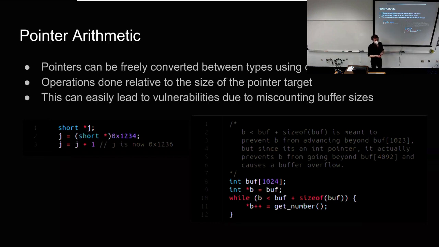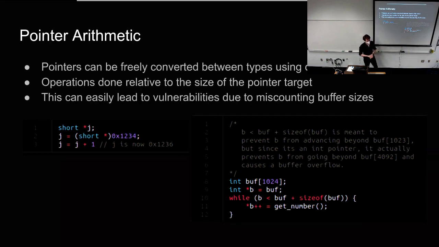Whenever you're adding to a pointer, you add the size of the pointer to it if you do +1. Yeah, but inside the while loop, the pointer adds 4 bytes, and in the condition it also checks size of buff, which translates to 4096. So here you're doing buff plus 4096. But you're doing 4096 times 4 pretty much, because each of these additions is multiplied by 4 since it's an integer pointer.